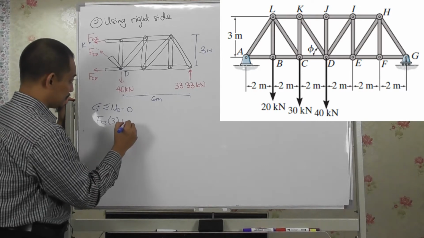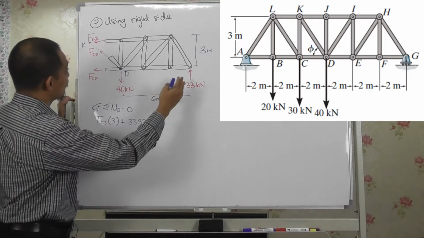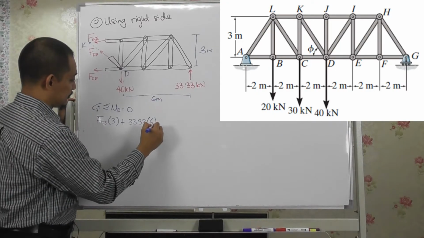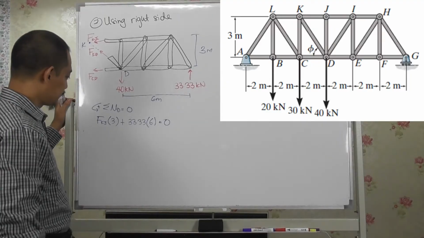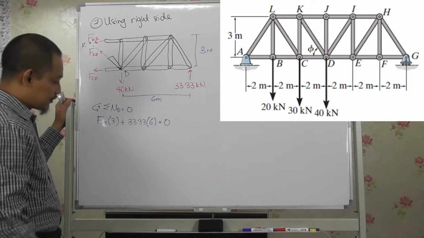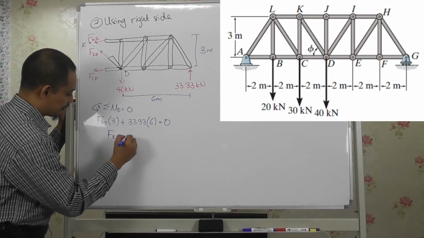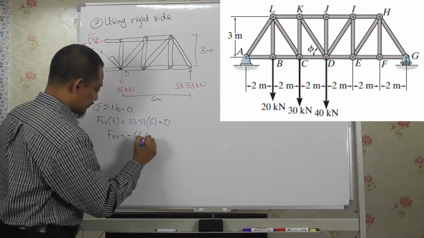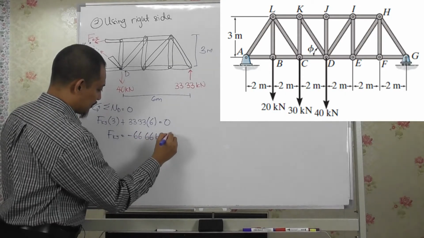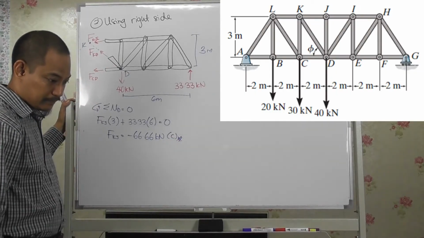So plus 33.33 times distance of 6 equal to 0. Is it only that 2? Alright, so based on this, you can see it is going to be having a negative value, negative 66.66 kilonewton, meaning it is compression, right?